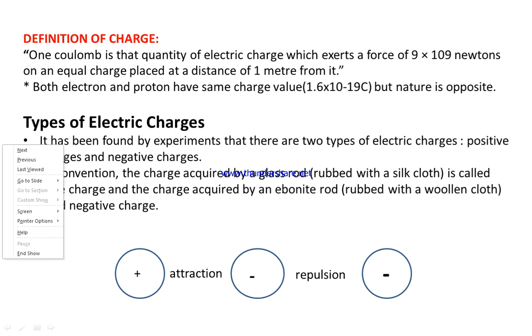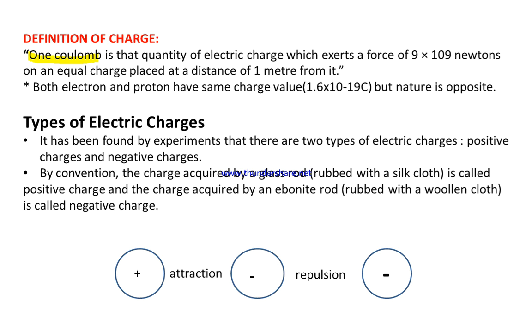So let's see the definition: 1 coulomb of charge is that quantity of electric charge which exerts a force of 9 into 10 to the power 9 newtons on an equal charge placed at 1 meter from each other.